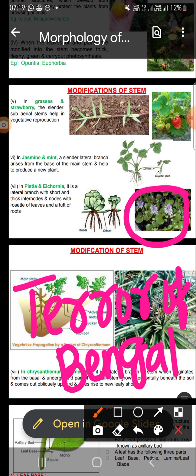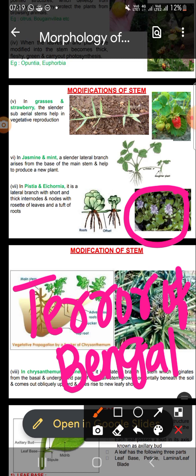It is called the terror of Bengal because some years back, in the 19th century, it is not our Indian plant. It has been introduced into our country from some other country. Into our lakes, it came accidentally, unexpectedly through human beings, who were not aware that they were bringing this plant.